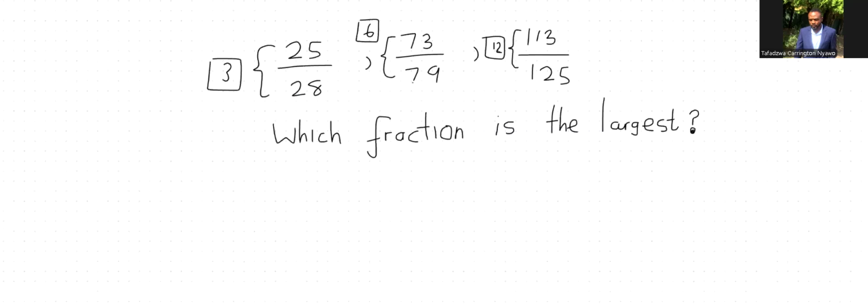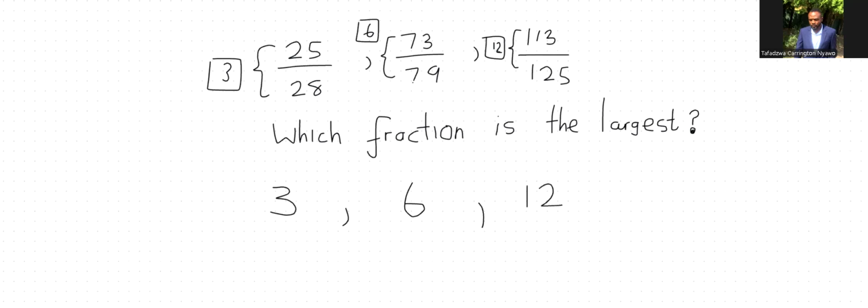I'm just going to write 3 according to their order of occurrence. Then between 73 and 79, we said it's 6, and I'm also going to write 6 over there. And then for 113 and 125, we said 12, so there I'm going to write 12.